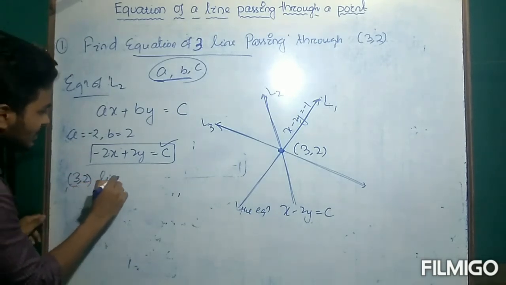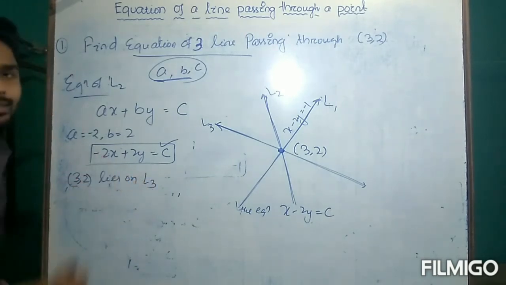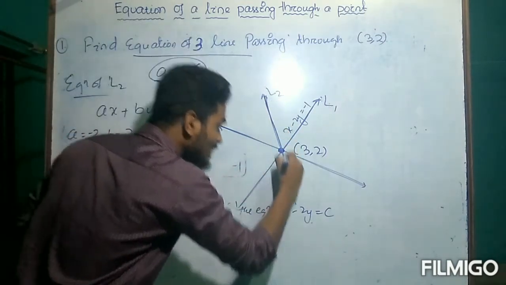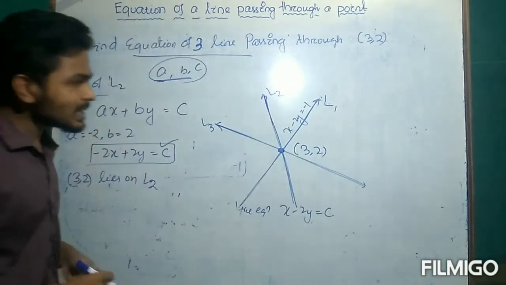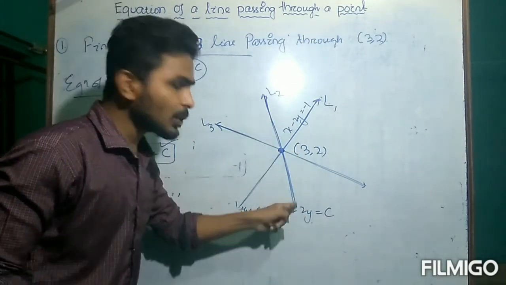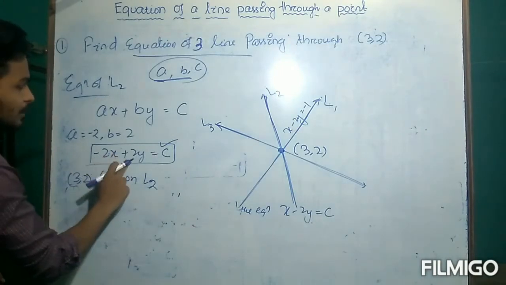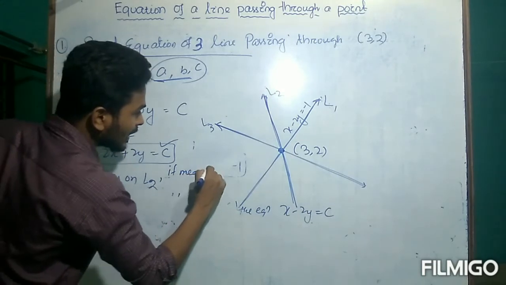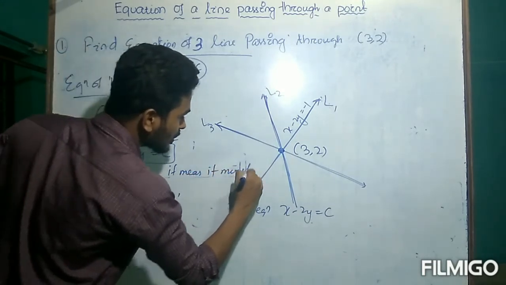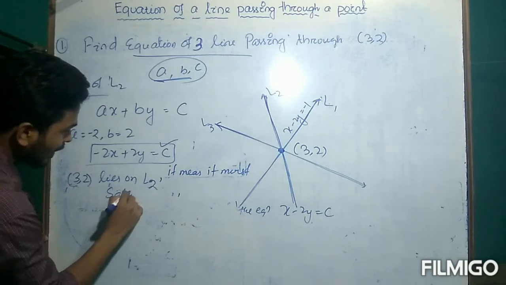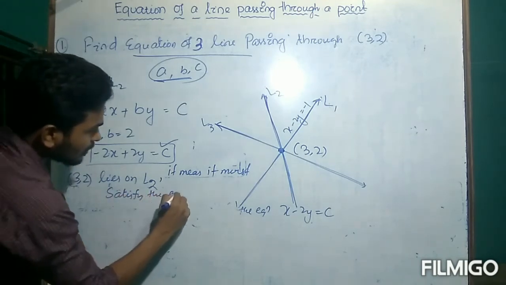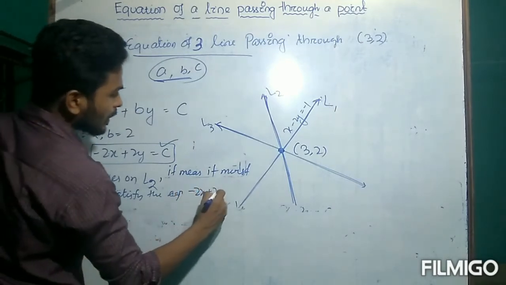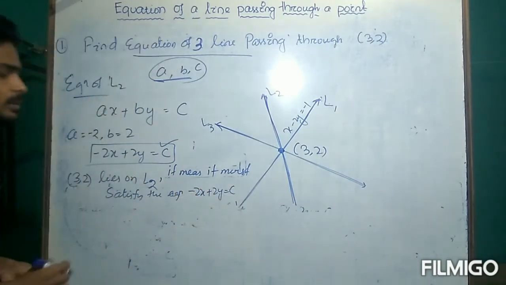Since the point 3, 2 lies on L2. This point lies on the line L2. It means it must satisfy the equation minus 2x plus 2y is equal to c.